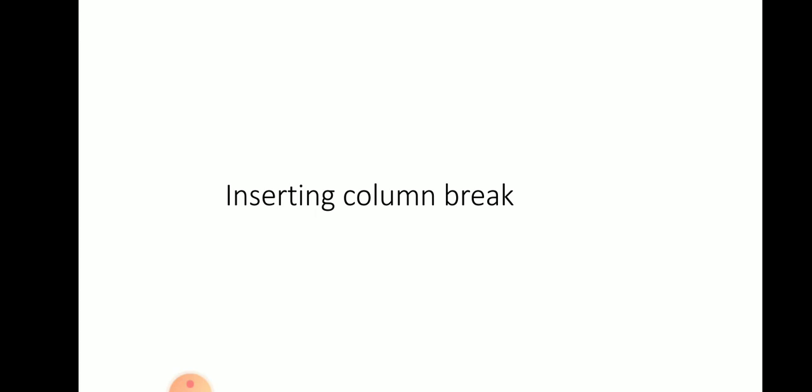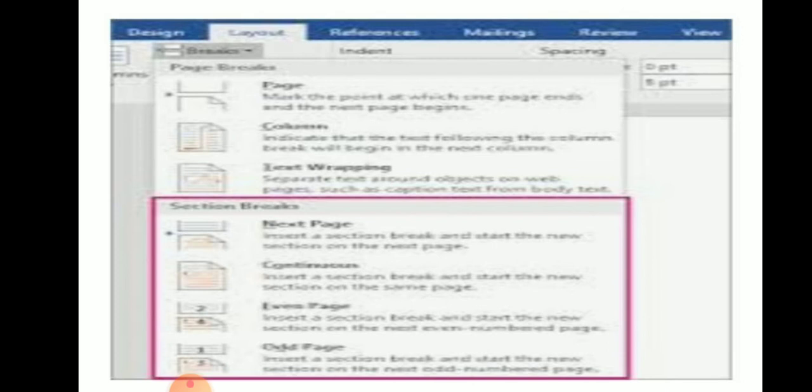Let me move to the topic of inserting a column break. Firstly, we should add some columns to our Word document. Then we might have noticed that some of the columns are not as balanced as we would like. One way to solve this problem is to add column breaks, which force the end of the column to move to the beginning of the next column.